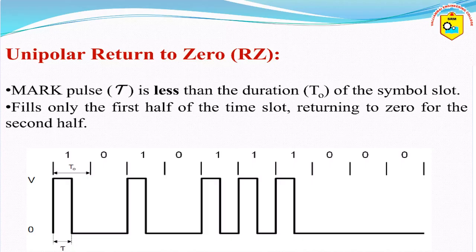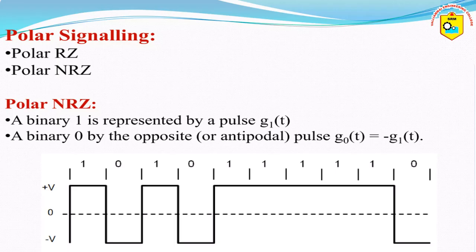As you can see in the figure, when bit 1 is transmitted you have a pulse, but at half the bit duration it returns to 0. For 0, there is no pulse. Again, when bit 1 is transmitted, you have a pulse which returns to 0 at half the bit duration. So this is unipolar return to 0.